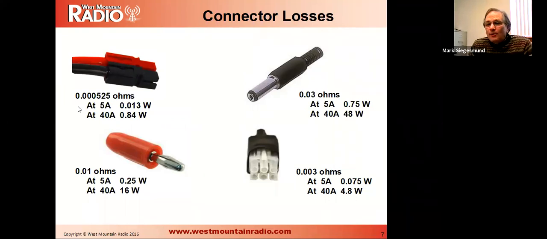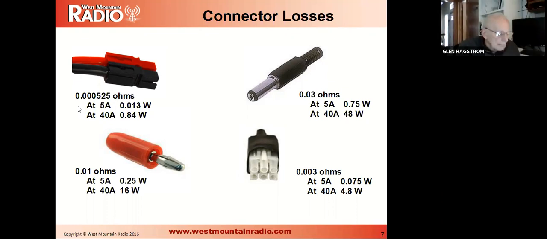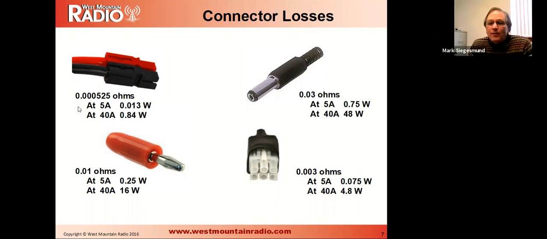Connectors are a particular problem when you're drawing high current. I want to start in the lower right corner there. A lot of you recognize that as an HF kind of connector. What they've done here is they're running 3 conductors for the plus and 3 conductors for the negative. And that allows them to split the current draw among the contacts.